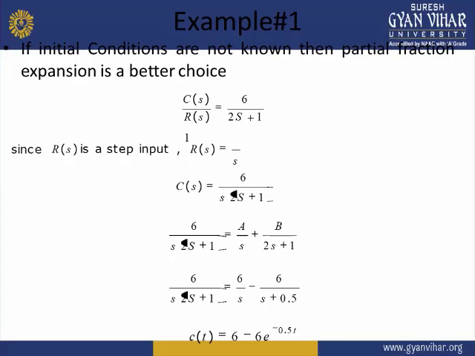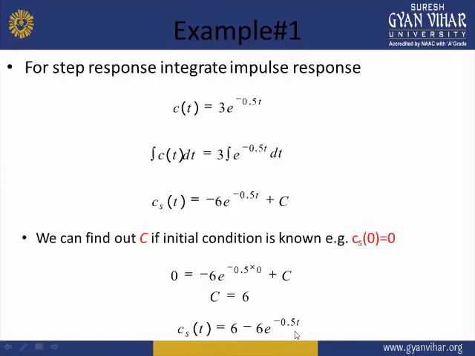When I substitute it, I will get C(s) equal to 6 upon s(2s plus 1). Using partial fractions, A upon s plus B upon 2s plus 1, the values of A and B come to be 6 and minus 6. So your c(t) will come to be the same, 6 minus 6e^(-0.5t), which is exactly similar to the previous case.